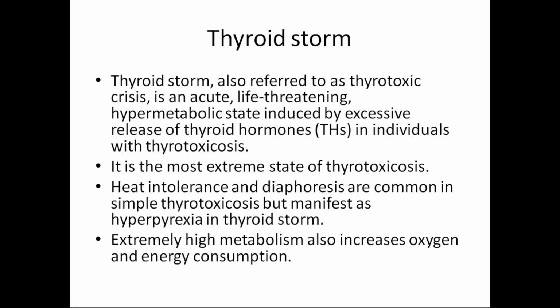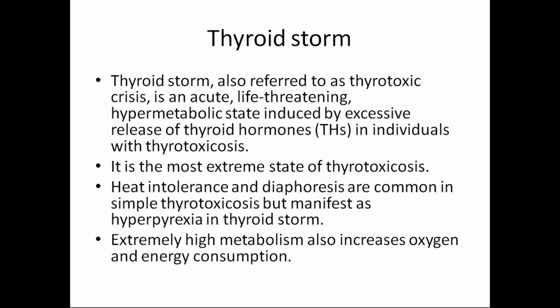One of the most dreaded complications of thyrotoxicosis is thyroid storm. Thyroid storm, also referred to as thyrotoxic crisis, is an acute life-threatening hypermetabolic state induced by excessive release of thyroid hormones in individuals with thyrotoxicosis. So when the increased hormones cause chaos in the body, suddenly it becomes an acute condition.